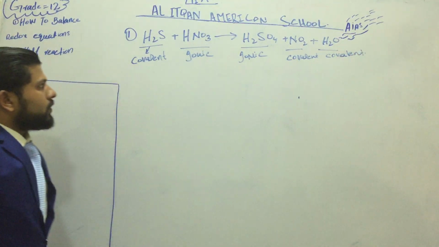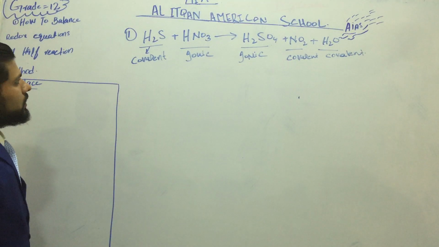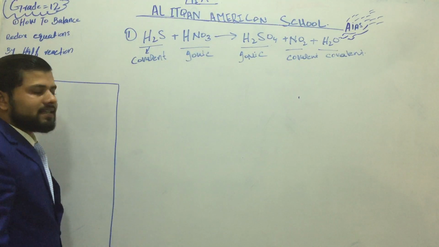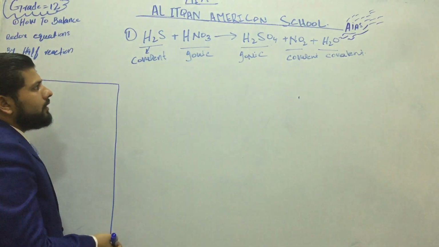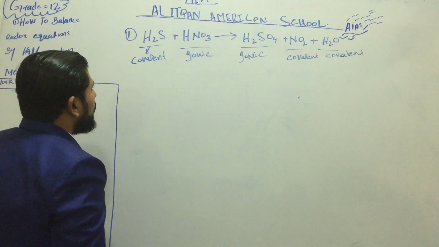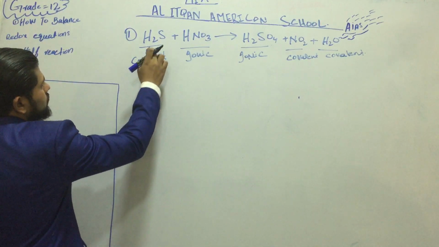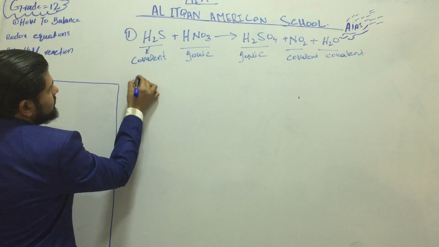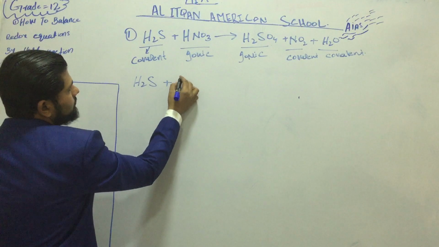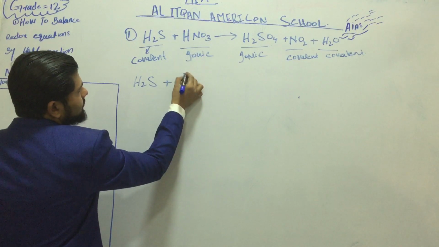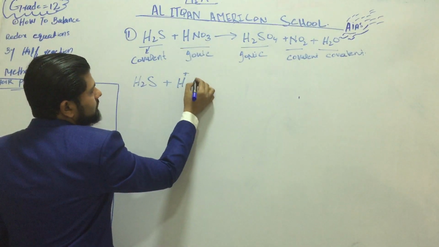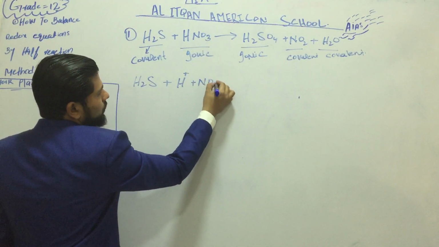Alright, so when you know your ionic and covalent compounds, the second step is to divide your ionic compounds into their ions. What do I mean by divide? Let me show you. The covalent compound stays the same, there are no ions, but the ionic compound gives two ions: hydrogen H+ and nitrate ion NO3-.